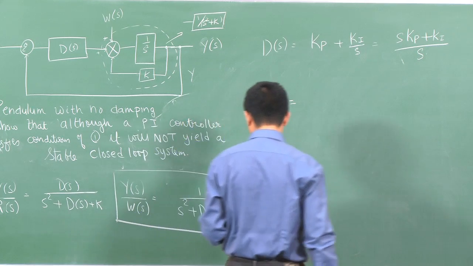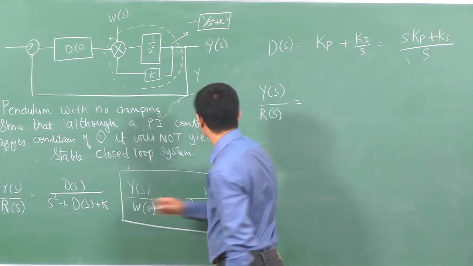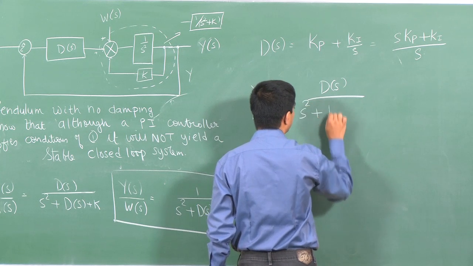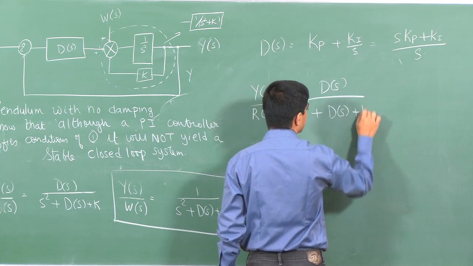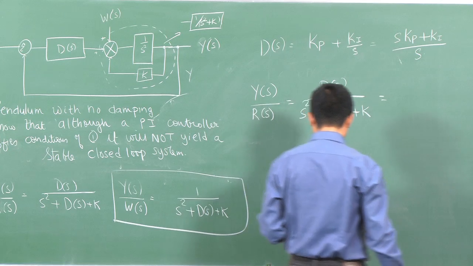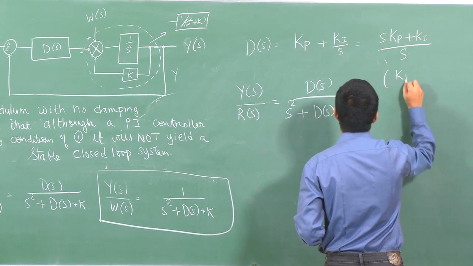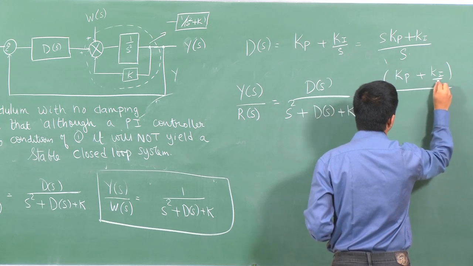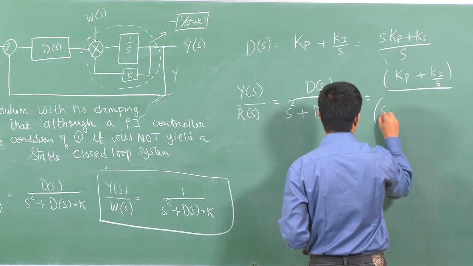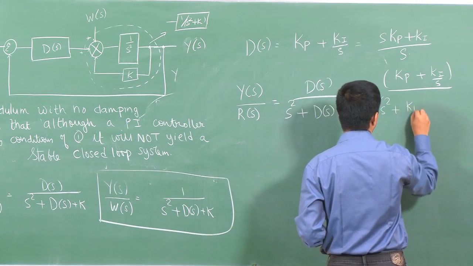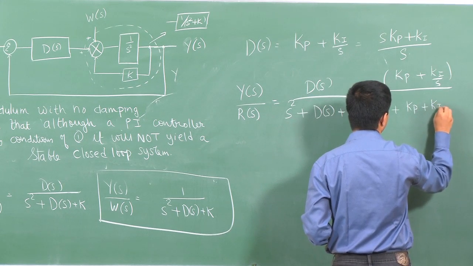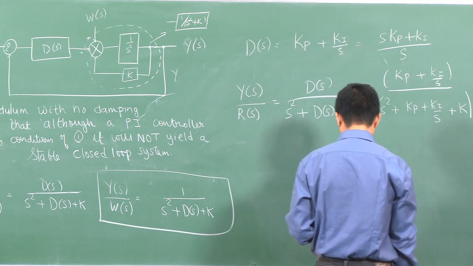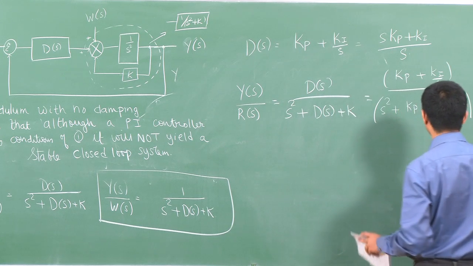Well, this becomes D(s) over s squared plus D(s) plus k. What is my D(s)? My D(s) is Kp plus Ki over s, and again I have in the denominator s squared plus Kp plus Ki over s plus k.